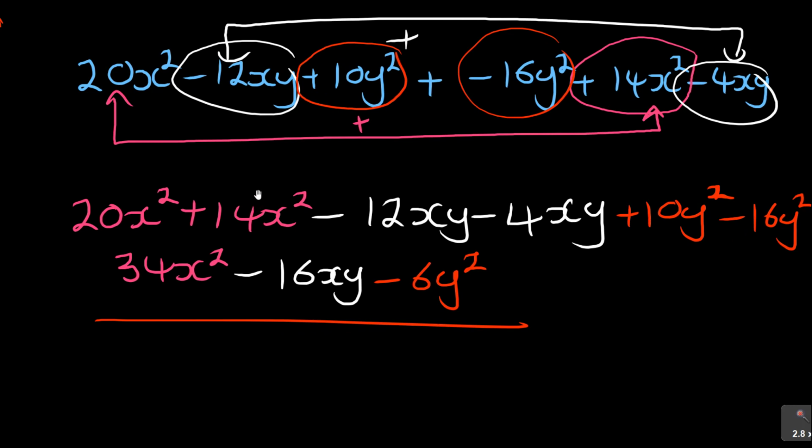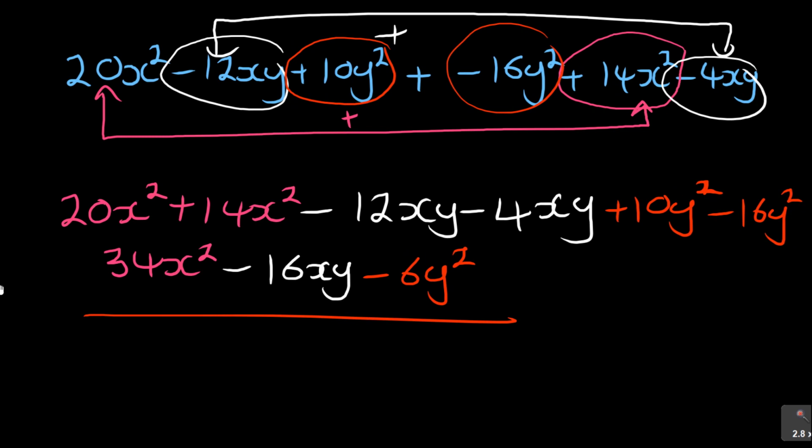It's up to you how you want to do this. Some will prefer to do it like this. When you are at this stage, let me quickly write this down. It was 20x squared plus 14x. No, I don't want to write it like that.